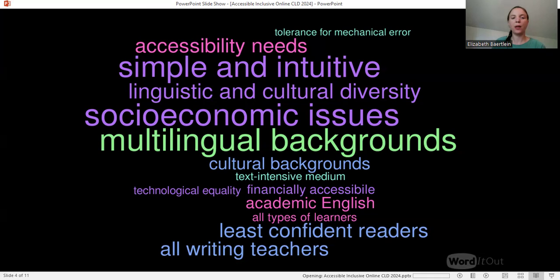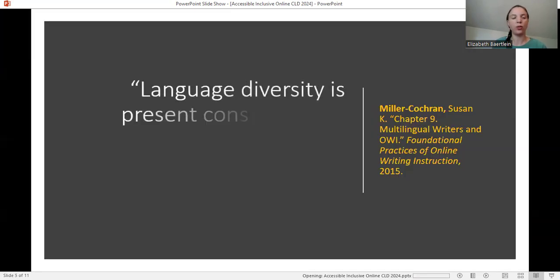We want to think about linguistic and cultural diversity and making sure that our courses are welcoming spaces, and spaces where linguistically diverse students feel that they can comprehend and understand what's there. Socioeconomic issues that may affect access to technology, access to academic English, level of confidence as readers. So these are all just key words from their position statement. Like I said, their position statement is about teaching writing, but I really think this can apply to anyone who is teaching online or including online course components.